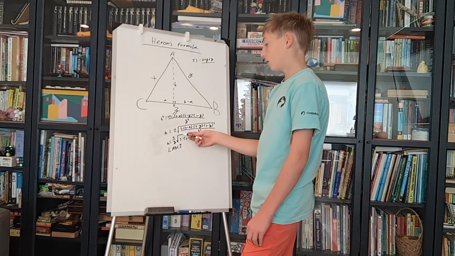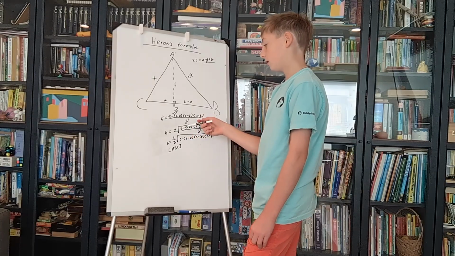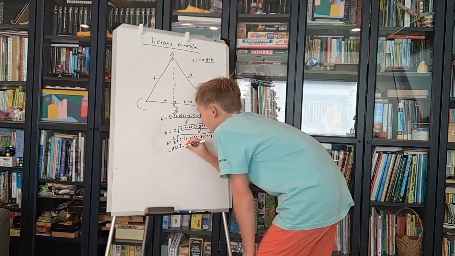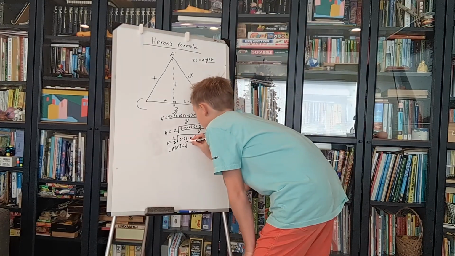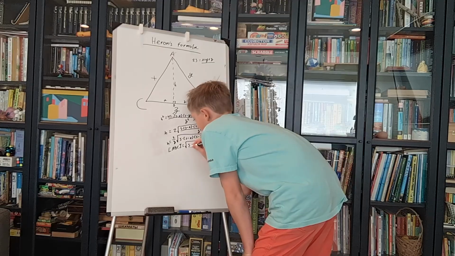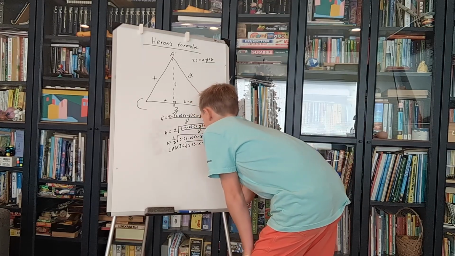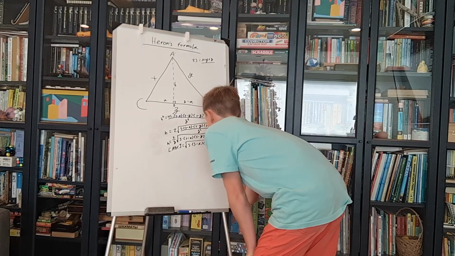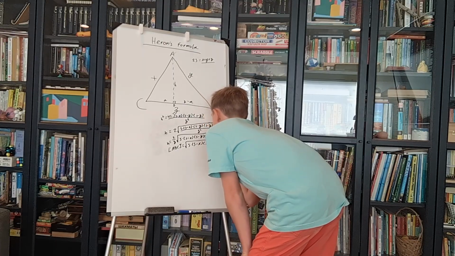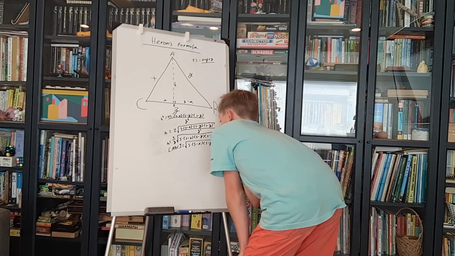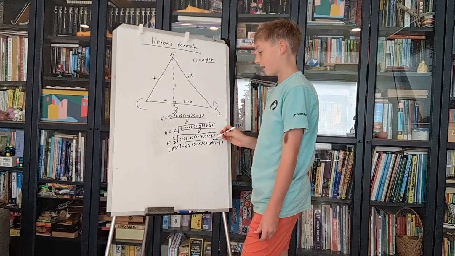And then the z over 2 and 2 over z cancel out, and we're left with s times s minus x times s minus y times s minus c. And that is Heron's formula.